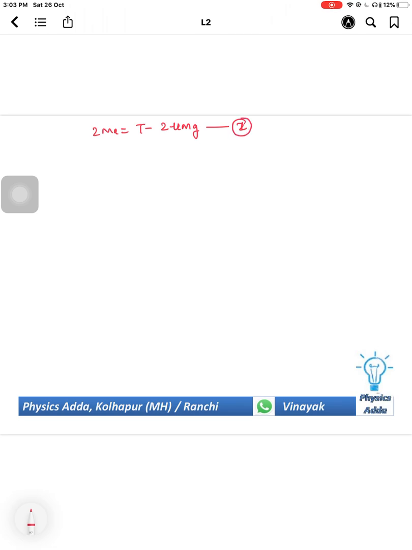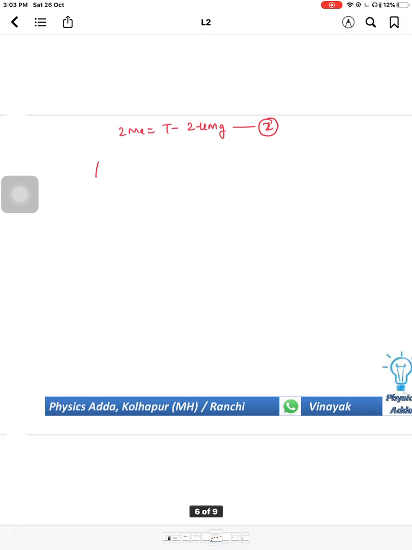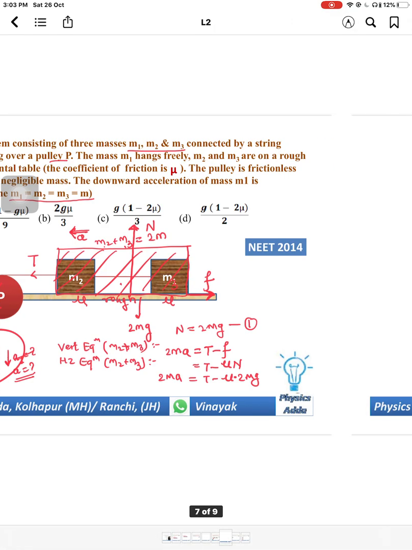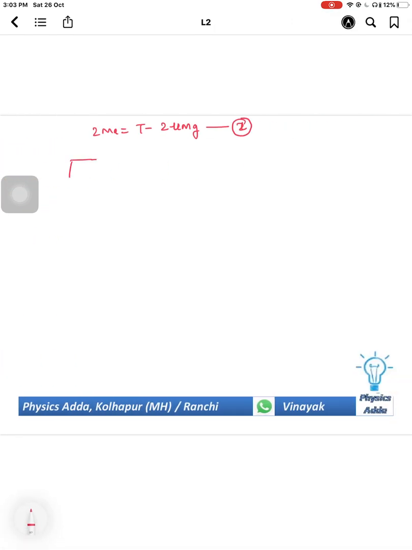Okay. Now I need to consider the block which is moving down. I need to consider this block. Okay. What are the forces acting on this block? Tension T upwards, motion is downwards, and the weight of the block will be acting downwards. So this will be mg. So I will draw free body diagram. This is m. This will be acting downward.